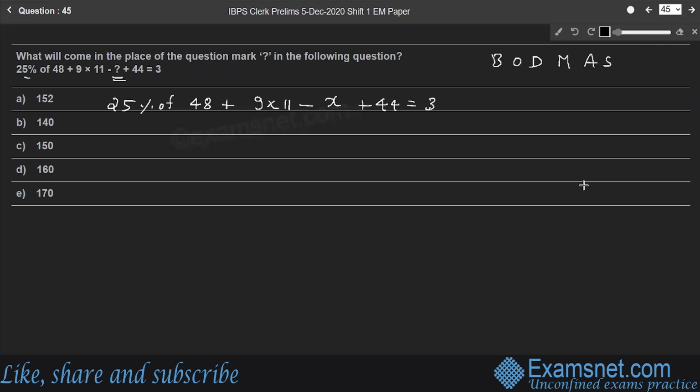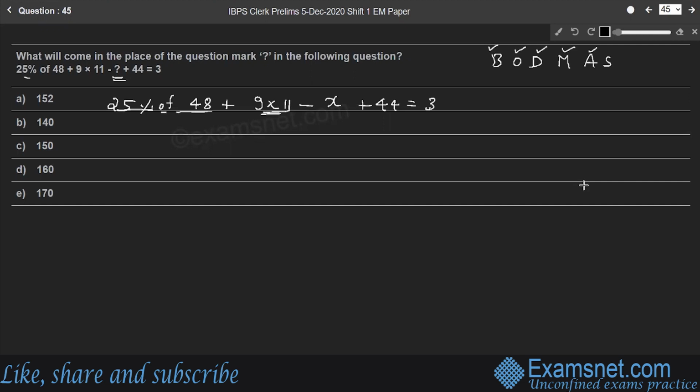First, we have to remove the brackets. There are no brackets here. Next is followed by of, so here we are going to solve 25% of 48. Next is division. There is no division operation here. Next is followed by multiplication, that is 9 into 11. Next, addition and subtraction. So let us solve this.